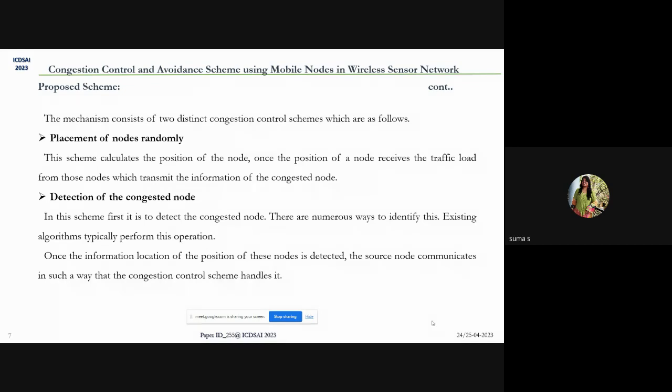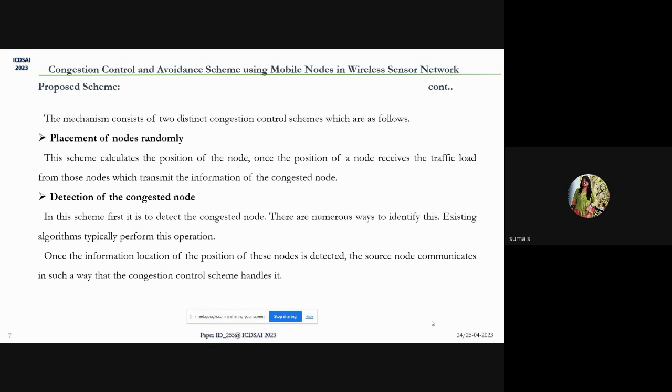So here the mechanism consists of two distinct control schemes, which are as follows. First is placement of nodes, that is, it calculates the random positions. Once the position has been identified, the traffic load is transmitted from those nodes to the congested nodes. Next is detection of the congested node.